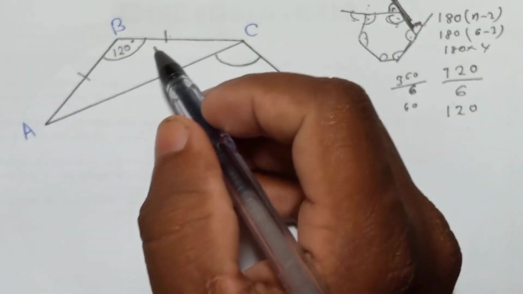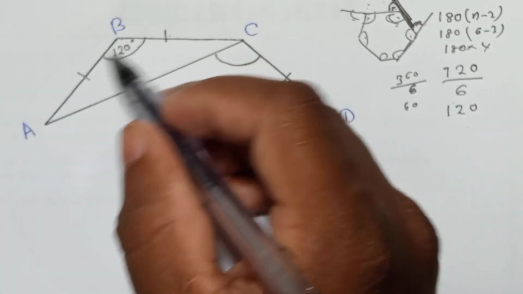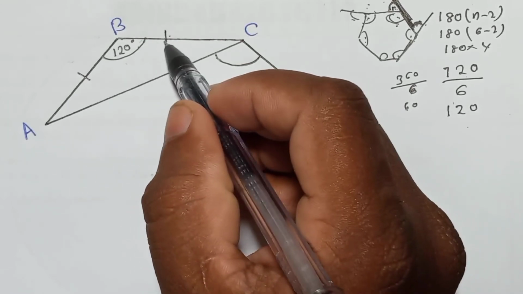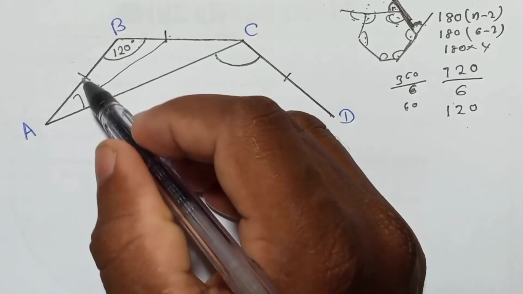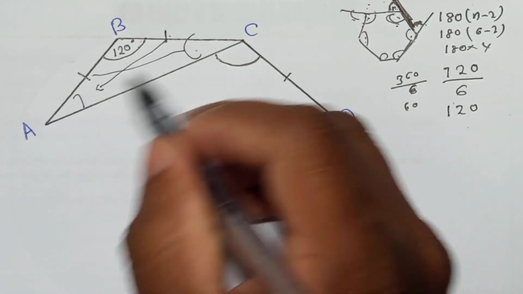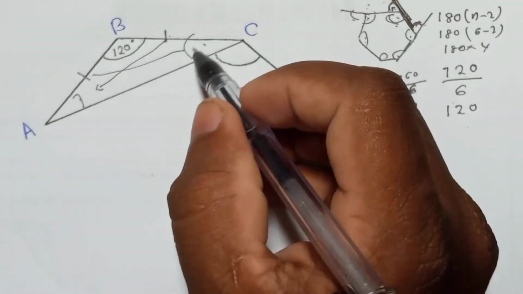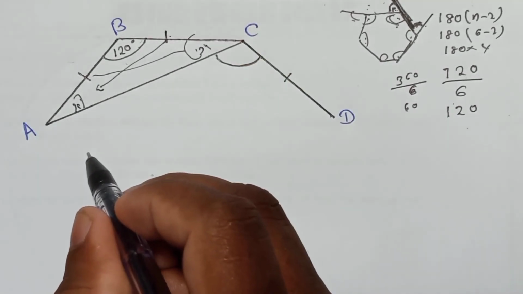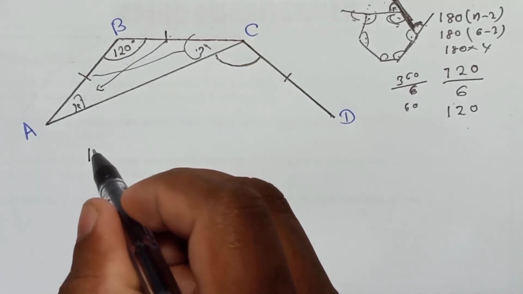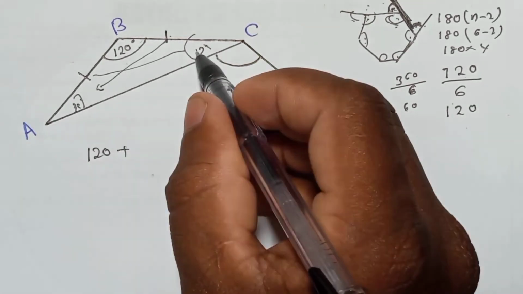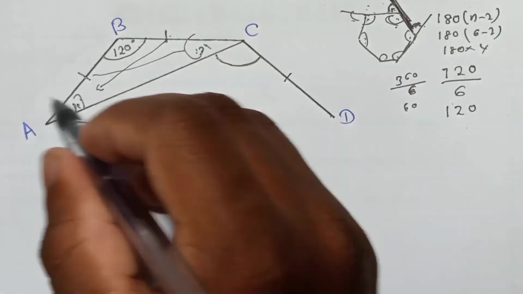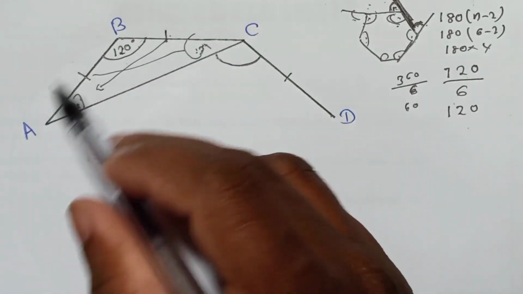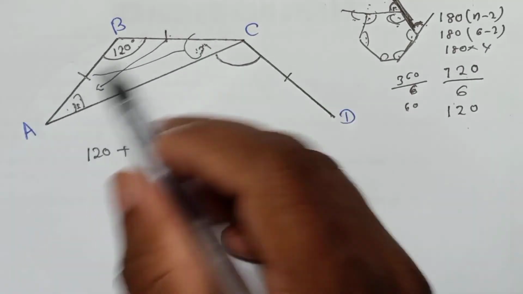So if I put x here and x here, the interior angles of triangle ABC add up: 120 plus x plus x.